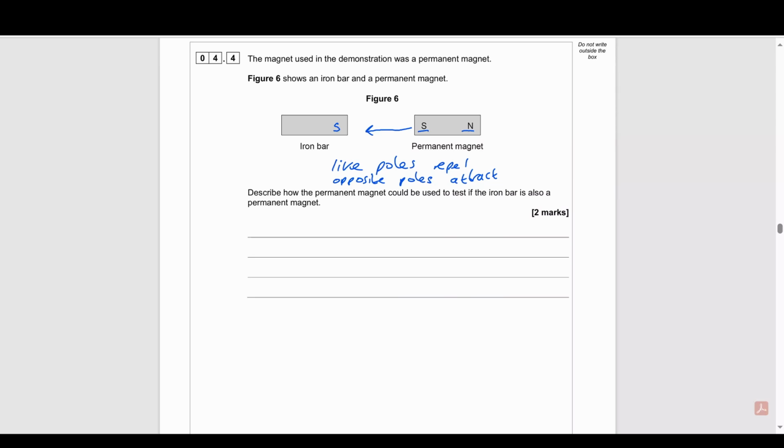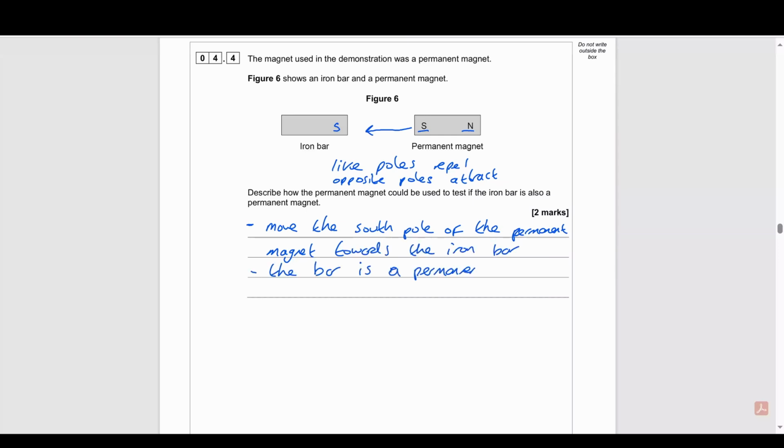Well, it would move away, and that's the repulsion. So that would be our way to definitely tell that our iron bar is a permanent magnet. So move the south pole of the permanent magnet towards the iron bar, and the bar would be a permanent magnet if there is repulsion.